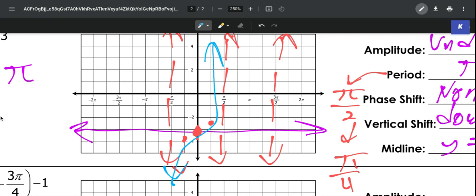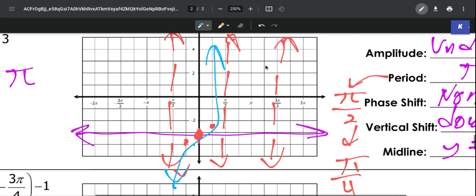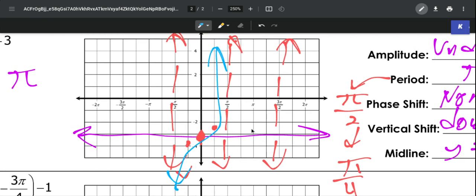All right, so then our next graph would start at pi, because that's our period, except now instead of starting on the x-axis, it's going to start down here on our midline, which is like our new horizontal axis. And then we're going to go up 1/2 and over pi over 4, so that'd be right here. Then we're going to go down 1/2 and over pi over 4, which would be about right here. So that's how our graph would look.